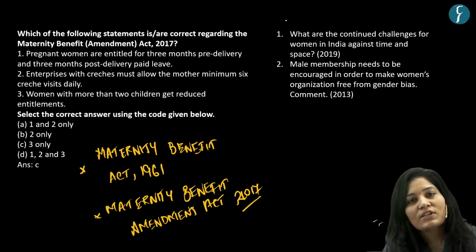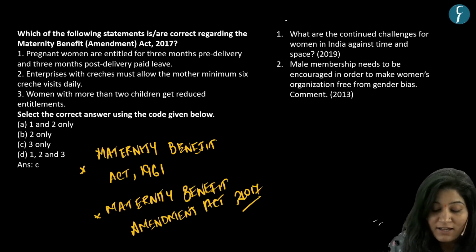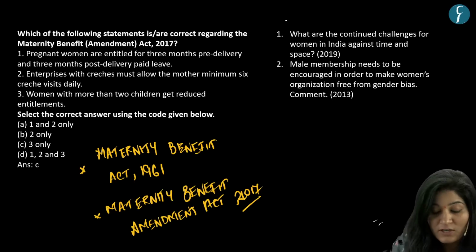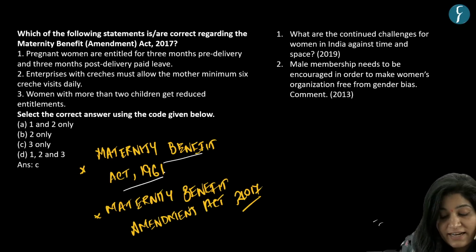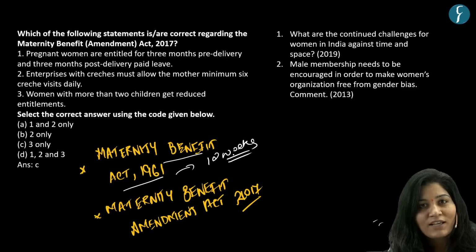Okay, so now we just talk about maternity leave. So let's see important provisions of the Maternity Benefit Act in this regard. There was a Maternity Benefit Act 1961 in which they provided 12 weeks paid leave to women.